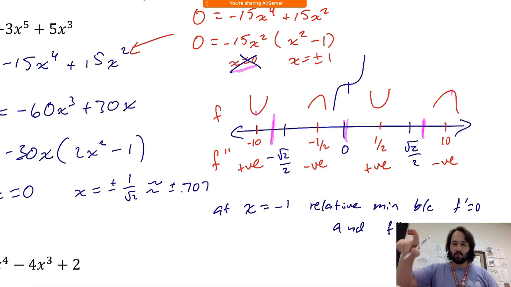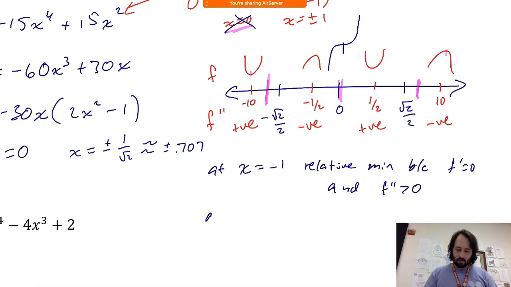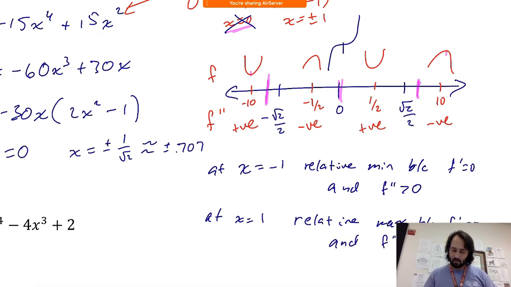So since it had a low point, that means I had a minimum. Then at x equals positive 1, I have a relative max because f prime is equal to 0 and f double prime is less than 0 there. Right, because I had a concave down graph, it had a maximum point.